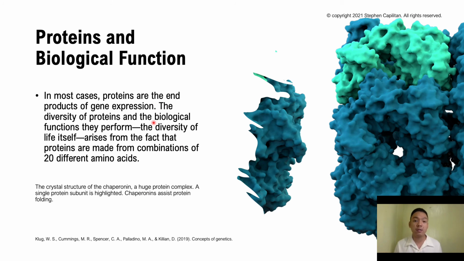As we all know, in the central dogma of molecular biology, the polypeptide chains are what we call proteins, and they perform certain biological functions. The diversity of life itself arises from the fact that proteins are made up of combinations of 20 different amino acids.